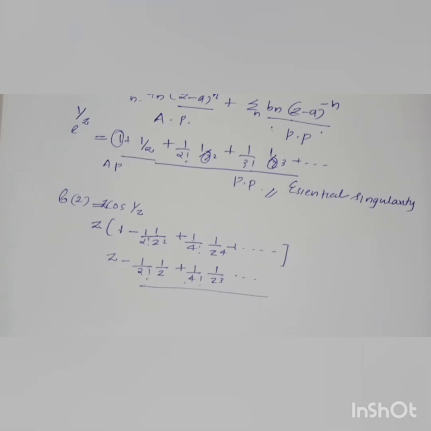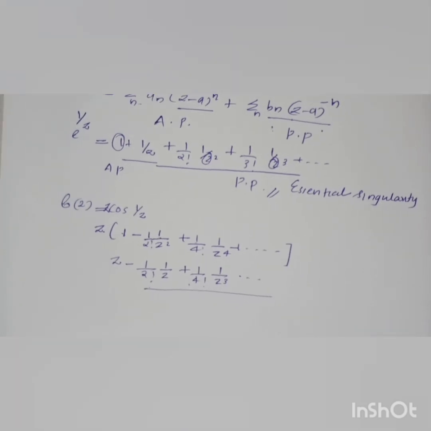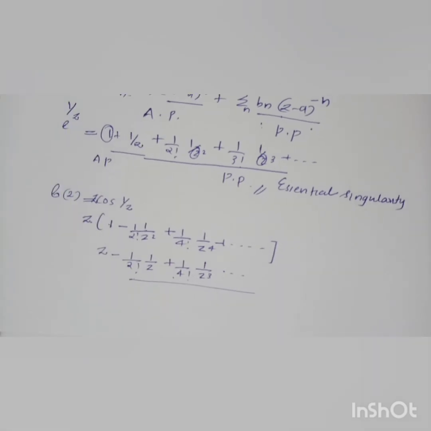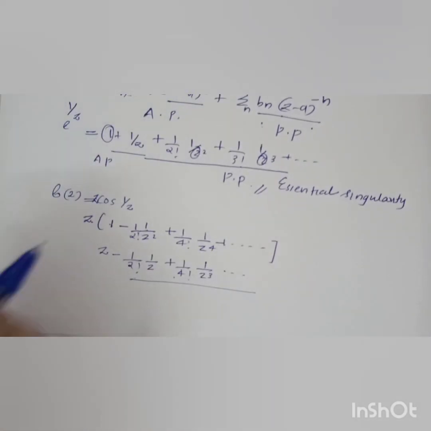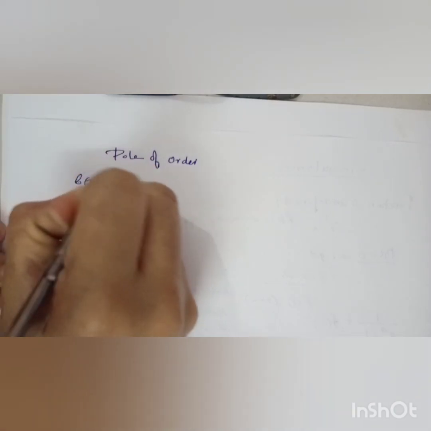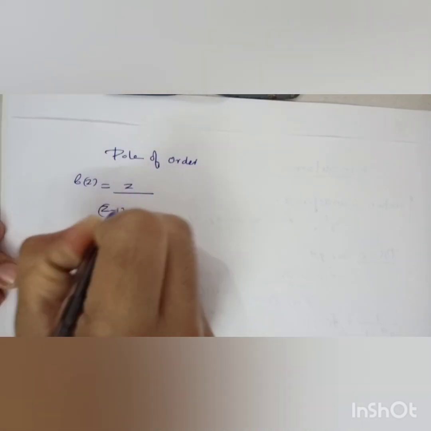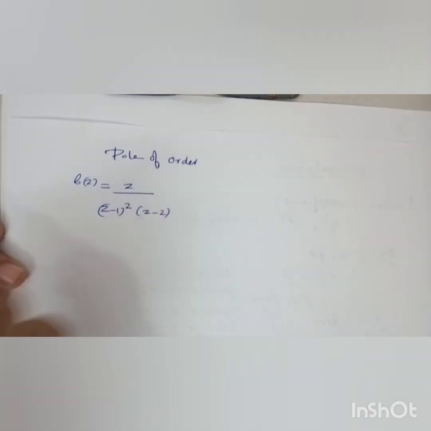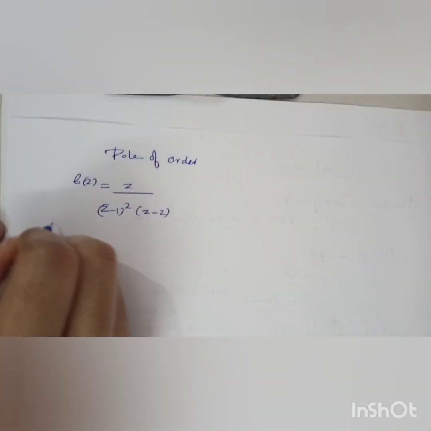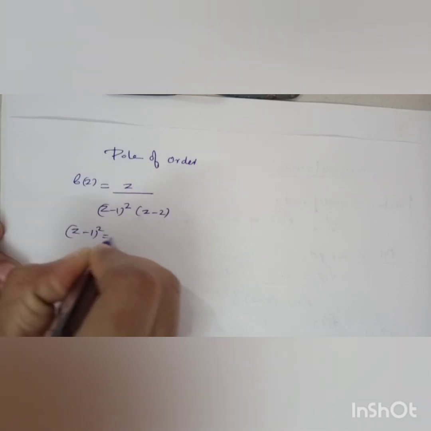The principal part means the part with z in the denominator. And what is a pole of order? These are new terms we have to remember. If you consider the function z divided by (z minus 1) whole square into (z minus 2), to find the singular points you equate the denominator to 0.